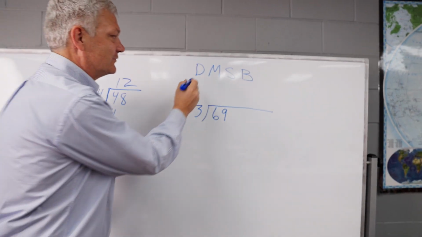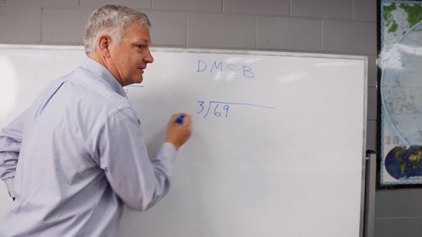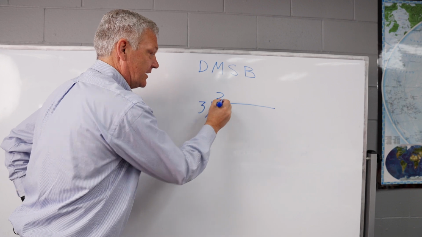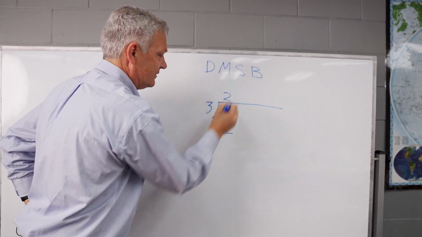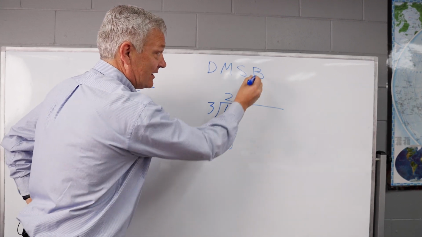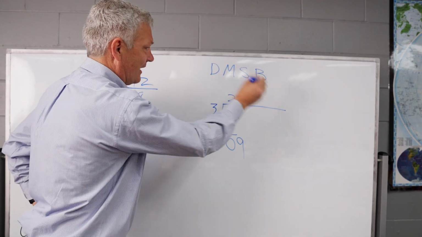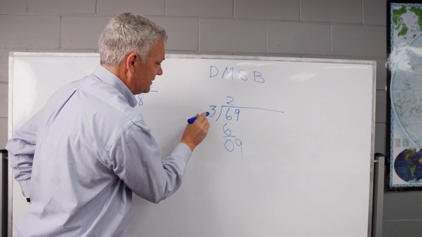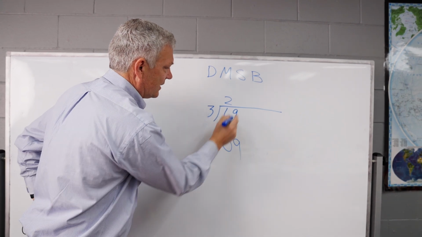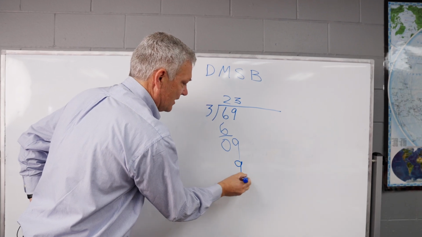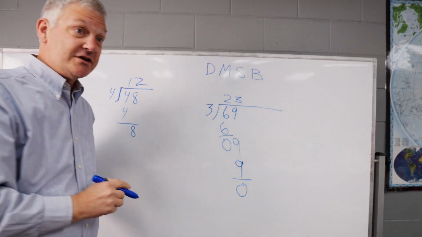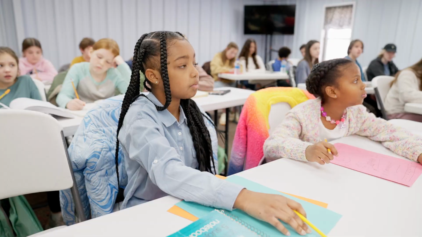Okay, so let's do the first one, division. 3 goes into 6 2 times. Now I need to multiply. 2 times 3 is 6. Now I need to subtract. Now I need to bring down. And now I go back to divide again. 3 goes into 9 3 times. 3 times 3 is 9, 0, and we're done. See how that works?